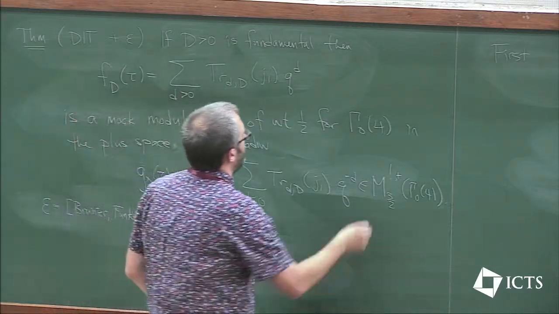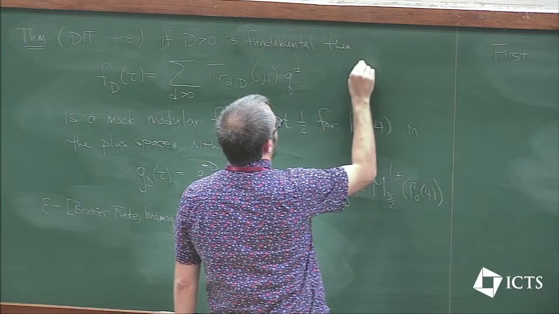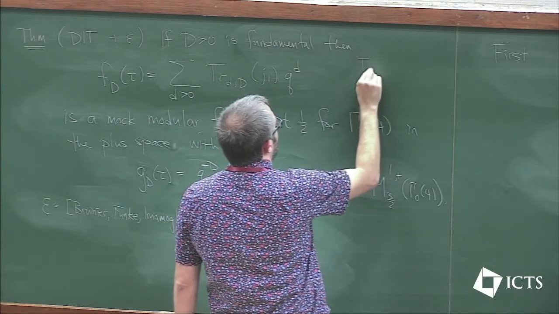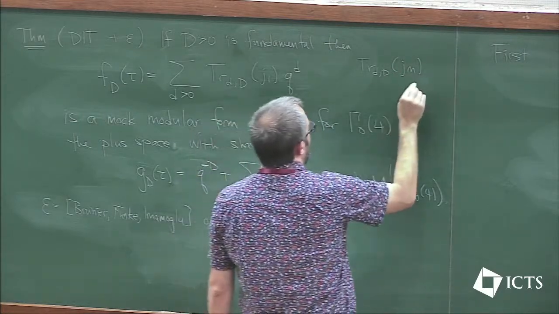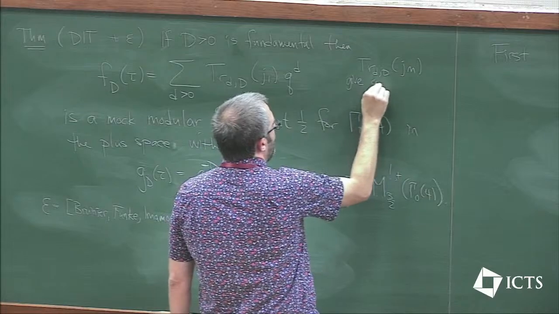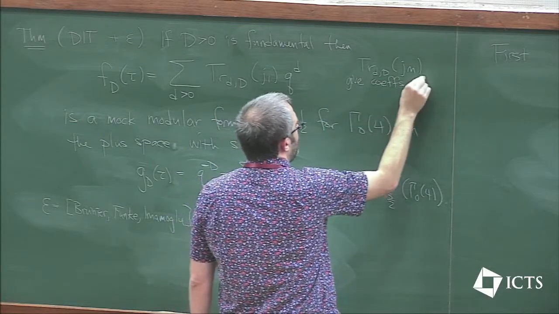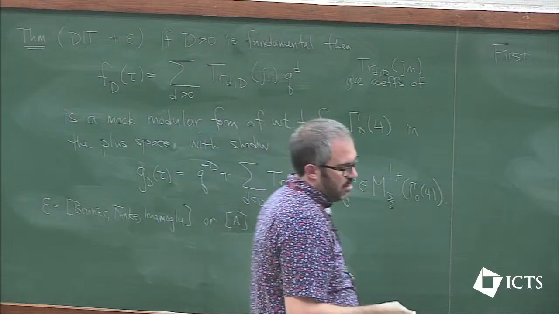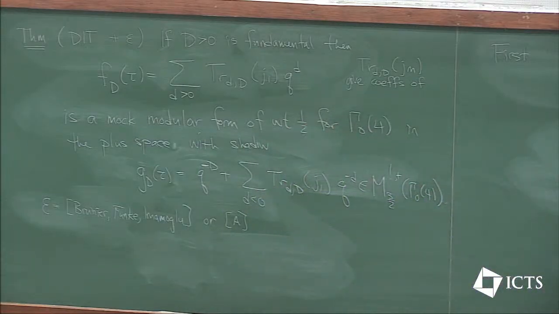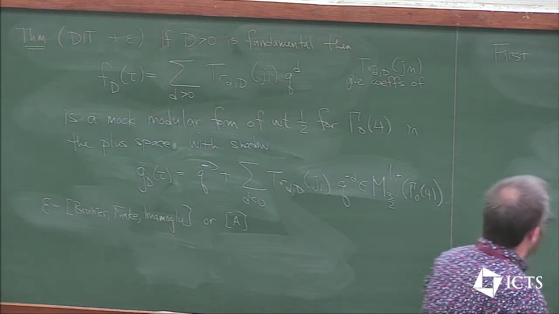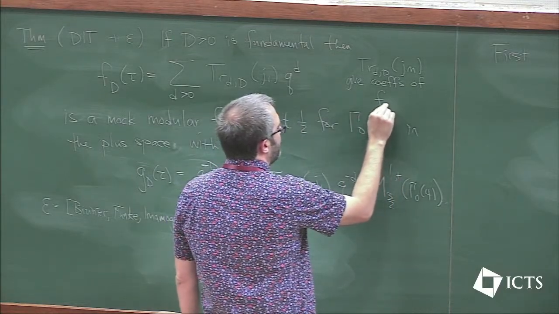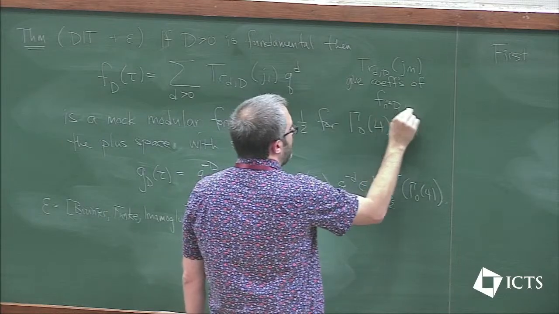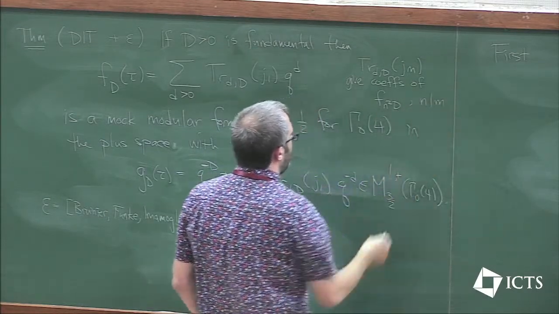Well, it's a little bit more complicated, but the traces of the J_m's give you coefficients of Mach modular forms of the form f, say n squared d, where n divides m.